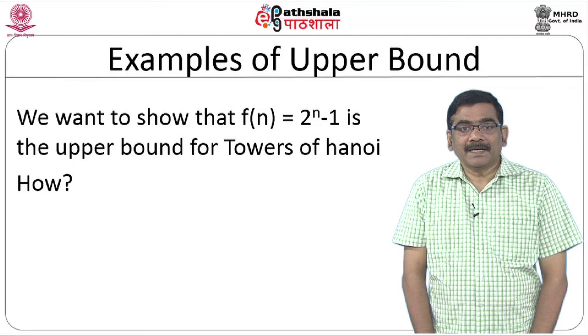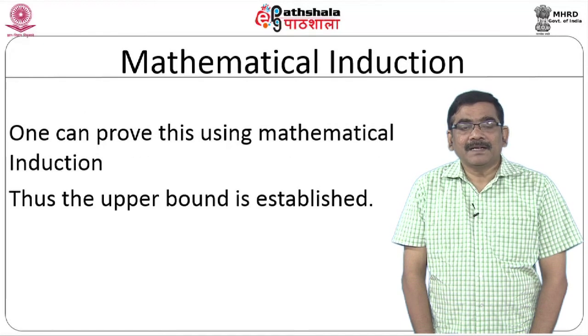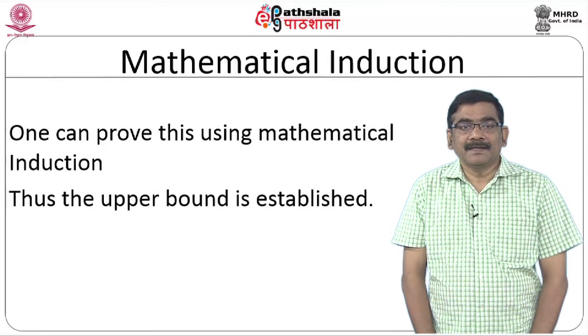So, we can keep on doing like that, and in mathematical induction we can show that it works for n. By the same logic, we can say that it works for n plus 1 also. If we are able to show that, fine, we can say that the proposed upper bound is correct. In other words, what we are trying to aim is that we want to find a function which can serve as the upper bound for the given complexity function.